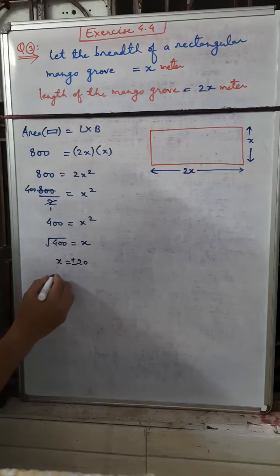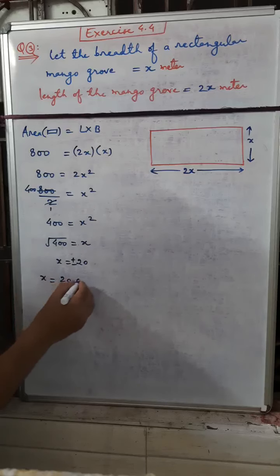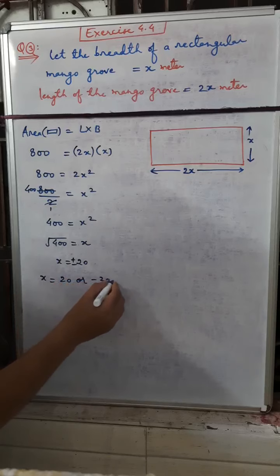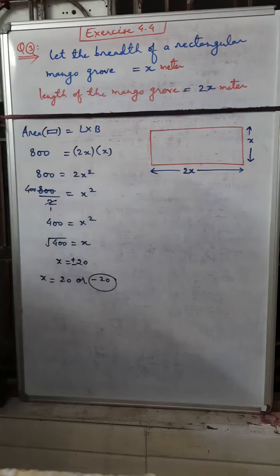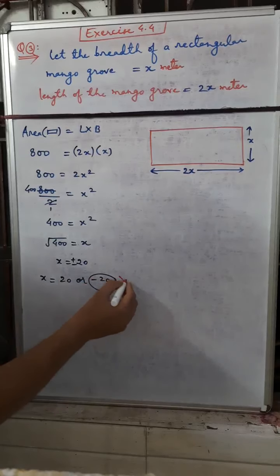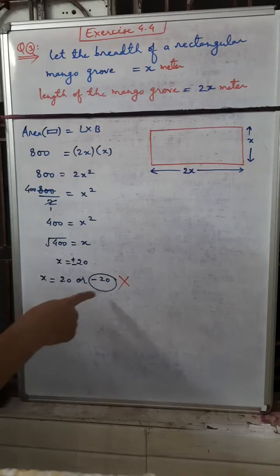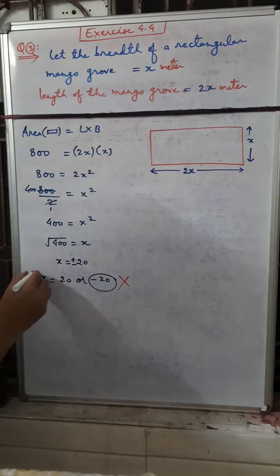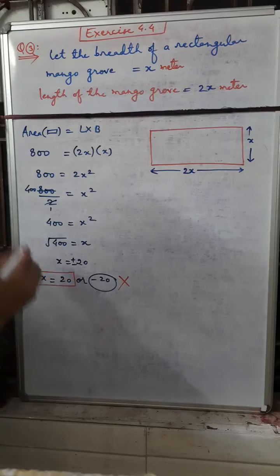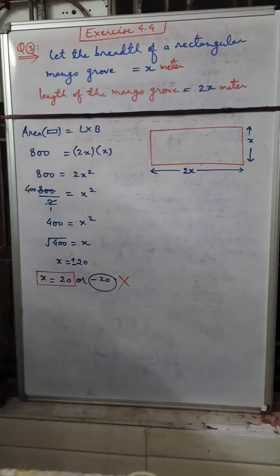We will get two values because we are taking the square root. So the value of x is plus 20, or it may be minus 20. But minus 20 is not acceptable. We can't accept this value because length and breadth of any rectangle cannot be negative. So the accepted value is x is equal to 20.